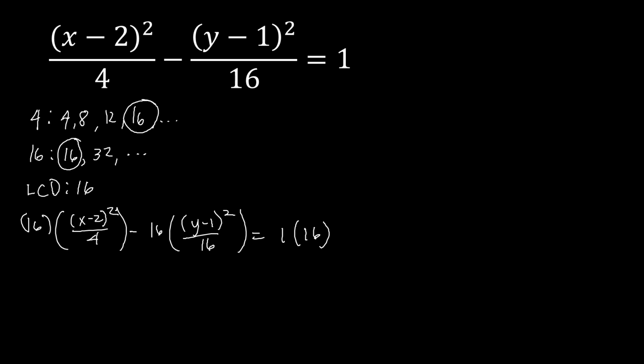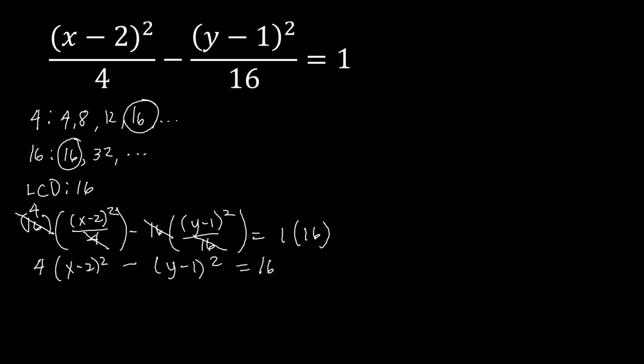We cancel the 4 and the 4 on 16, and that leaves us with 4. So we have now 4 times (x minus 2) squared minus, and the 16 here can be canceled with the denominator, and we are left with (y minus 1) squared equal to 16.